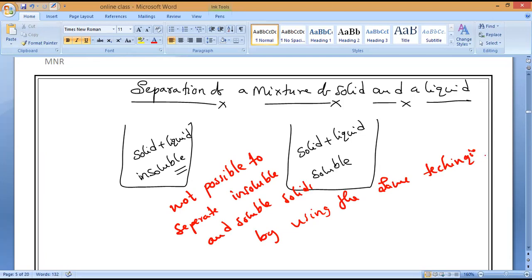That is why we have different kinds of techniques. We have to use different techniques for different things. First of all, we should decide whether it is an insoluble solid or a soluble solid. Based upon our mixture only, we should decide which separation technique to use.